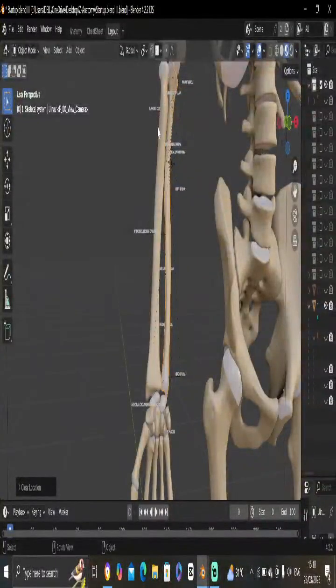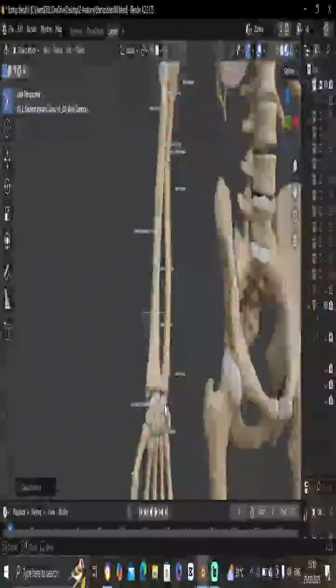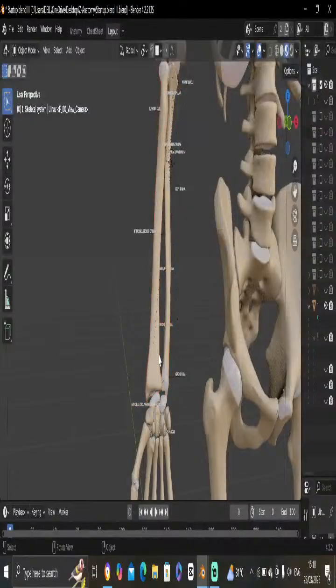The junction between the proximal two-thirds and the distal third, this area I'm highlighting, fractures commonly, and it happens most commonly when we fall on our outstretched arm.